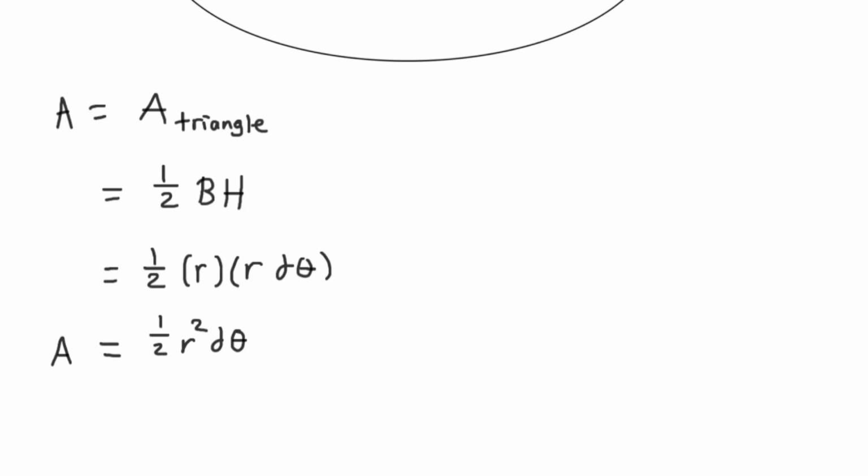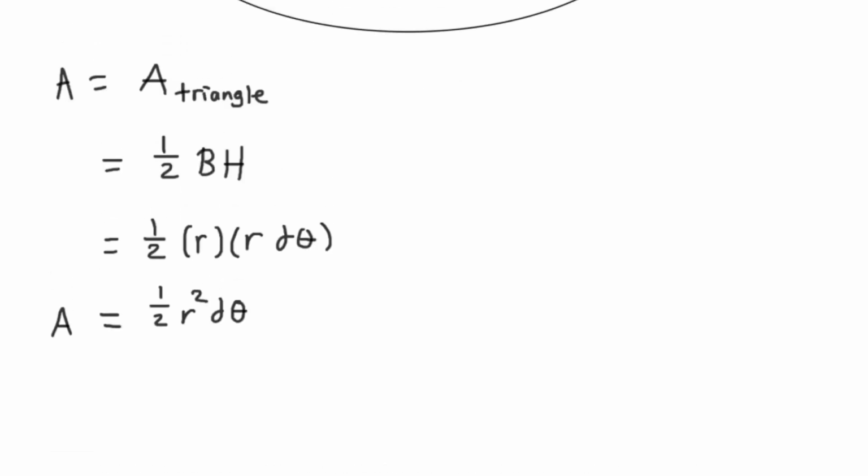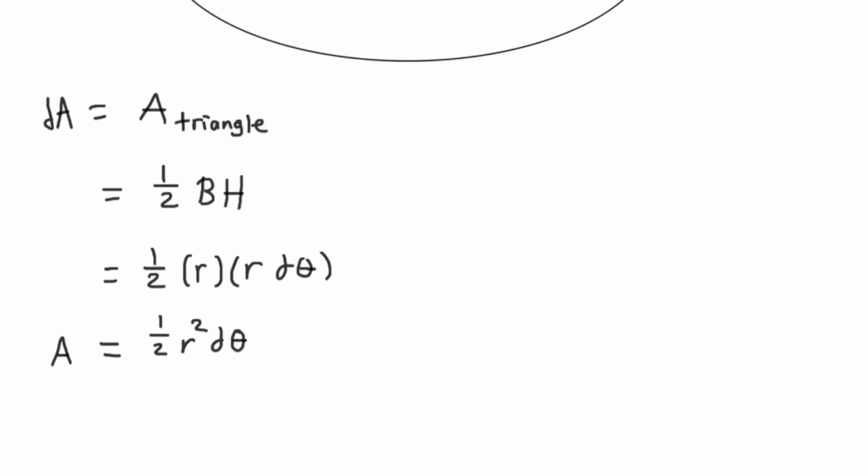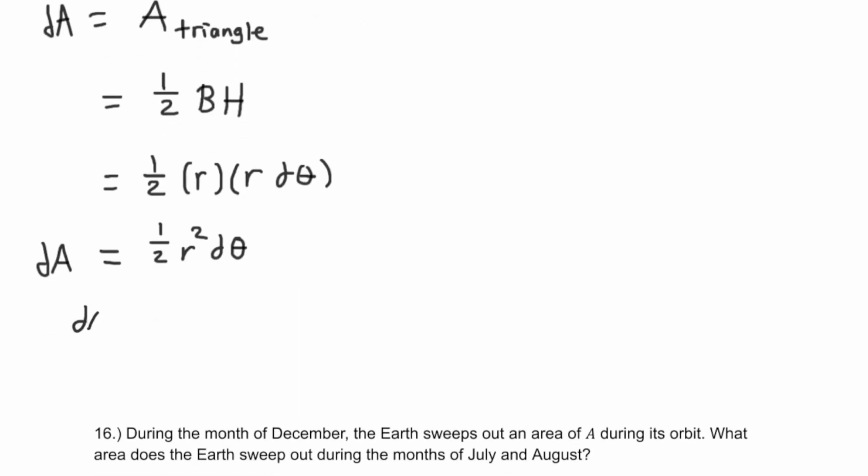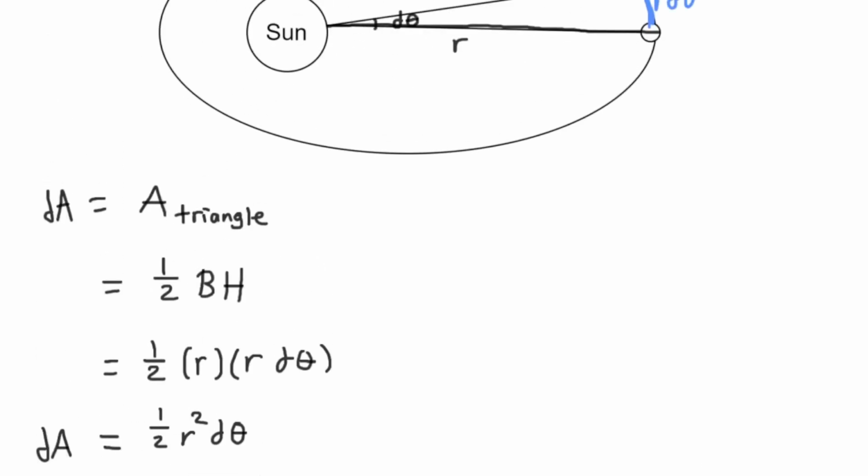So then just to get it into a rate, and we should actually call this dA, which is a very small area, dA/dt is just going to be dividing that side by dt. And we'll associate the dt with the d theta so we can do some more substitutions over here.